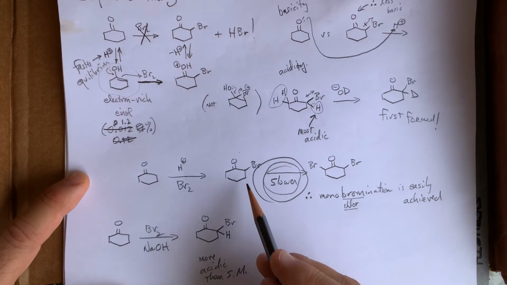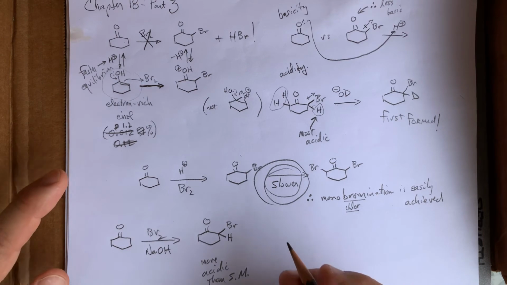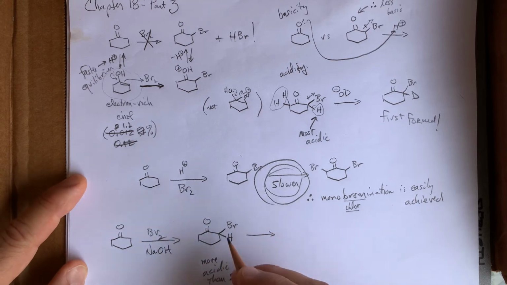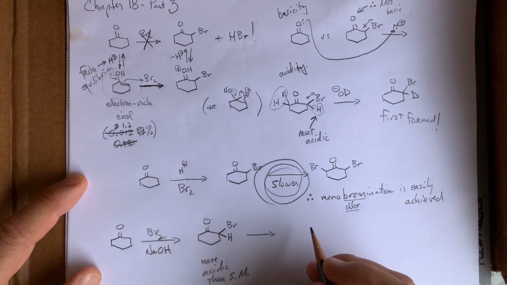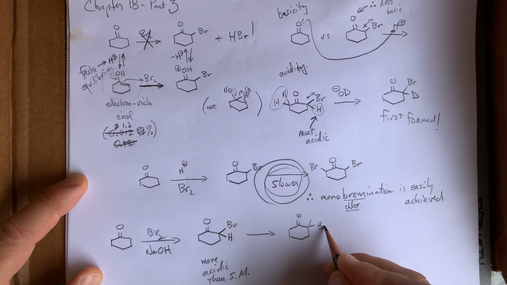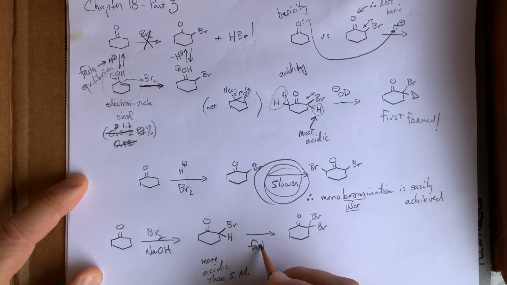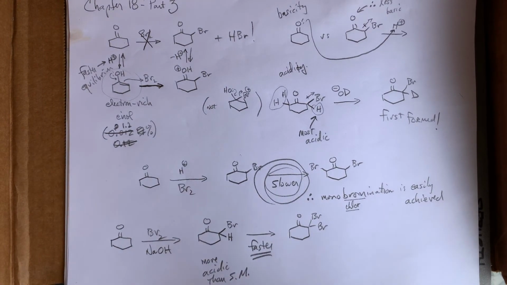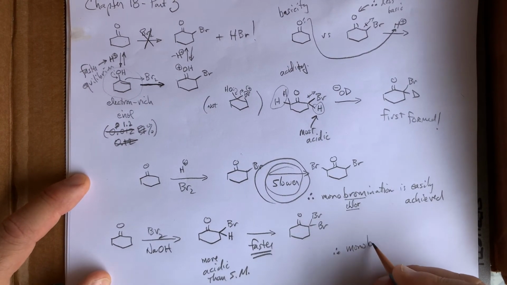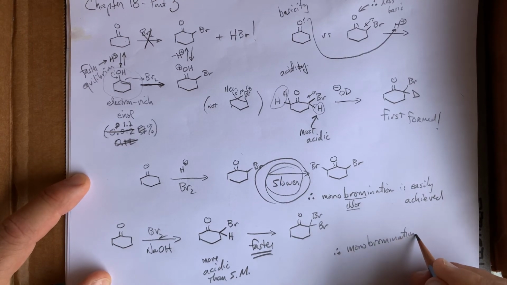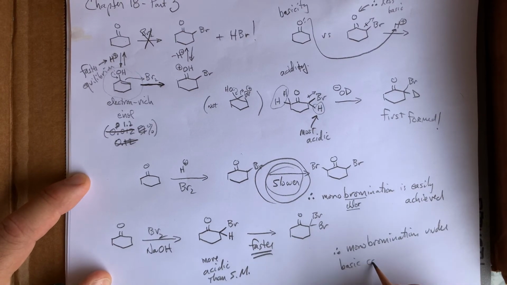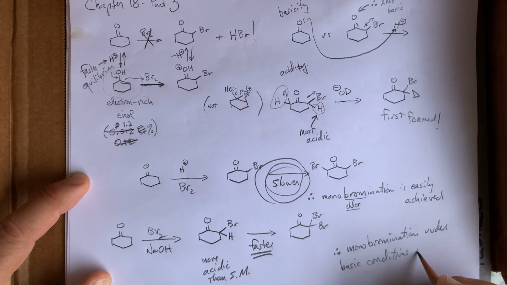And again, we're talking about the one next to the bromide. So that will enolize and or make the enolate, however you want to think about that, and give you the dibromide. And the second step here is faster, therefore monobromination under basic conditions is impossible.